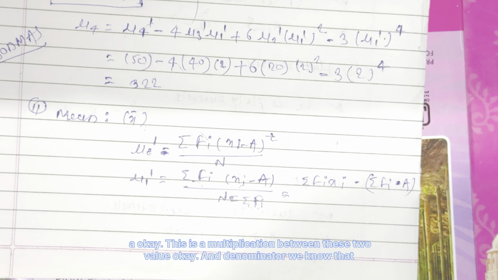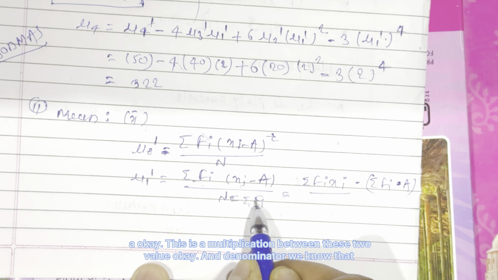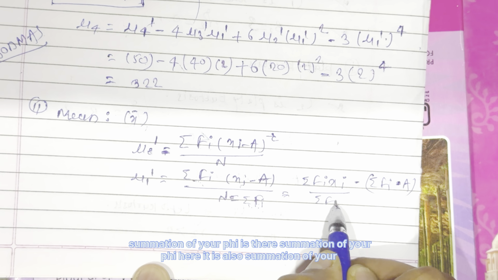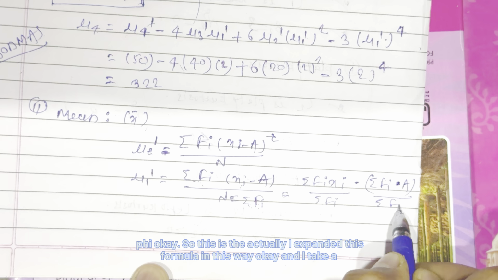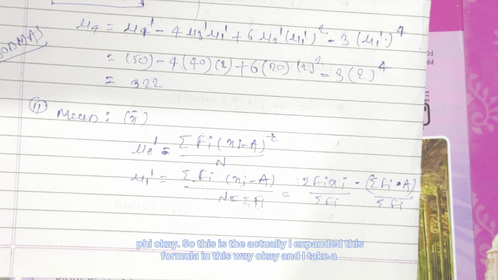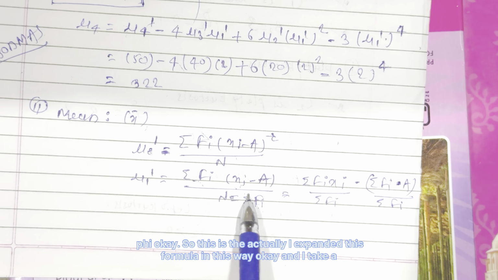This is the multiplication between these two values, and the denominator is the summation of fi. This is how I expanded this formula.